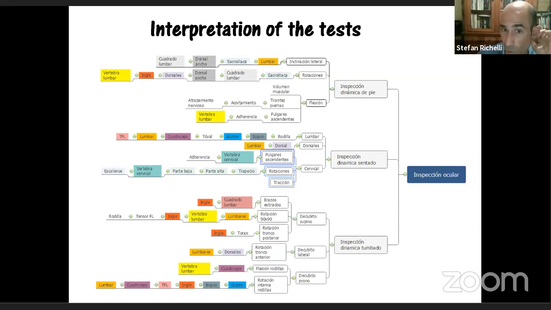To know exactly which area or quadrant we have to work on, we make inspection and movements in standing position, dynamic, and sitting and lying.